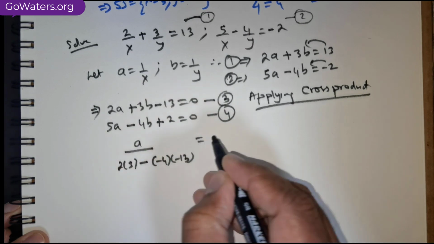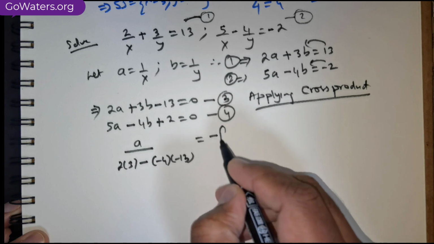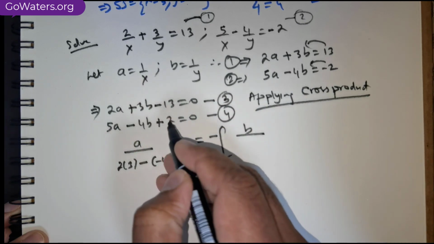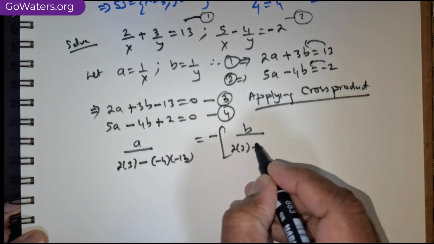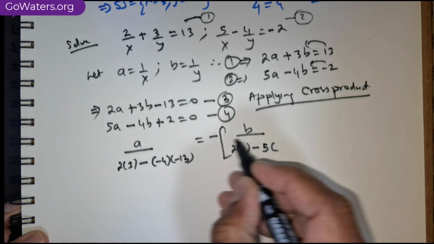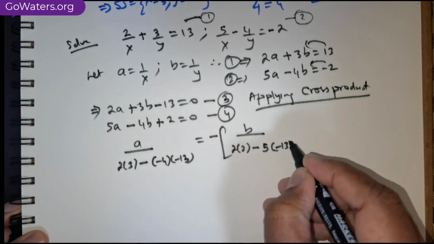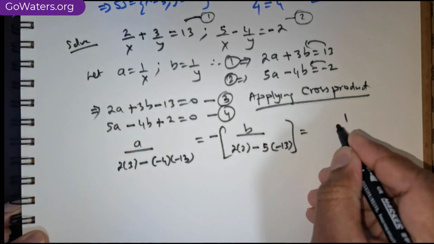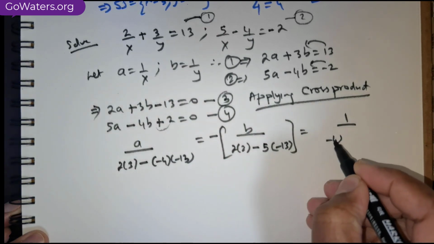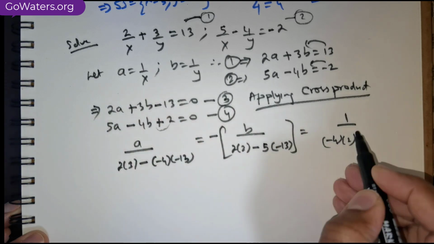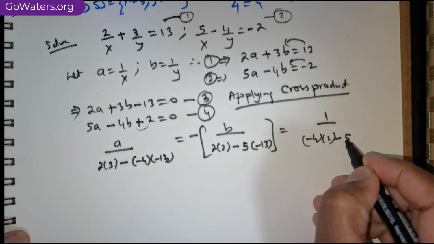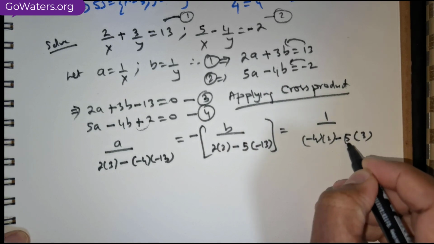This is equal to, moving to the second term, place a negative sign, b divided by, leave this column, 2 times 2. Taking a negative sign when moving from the left side, it's going to be 5 times negative 13. This is equal to the constant, 1 divided by, leave this column, negative 4 times 2, and moving from the left it's going to be a negative sign there, so it's going to be 5 times 3.